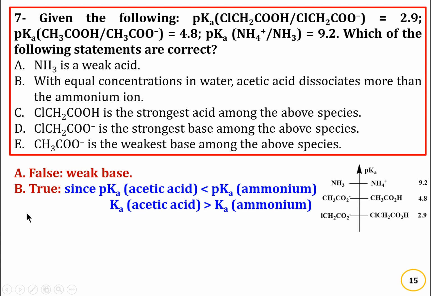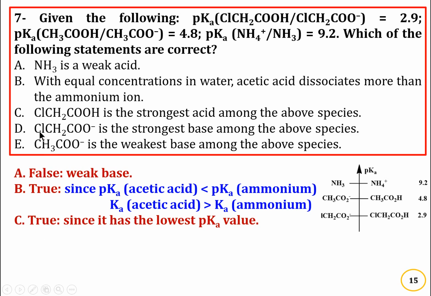So statement B is true. C, ClCH2COOH is the strongest acid among the above species. Since ClCH2COOH has the lowest value of pKa, this weak acid is the strongest among the others. So C is true.